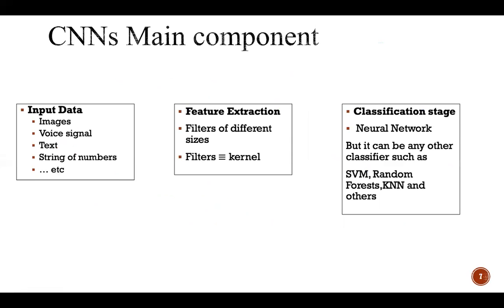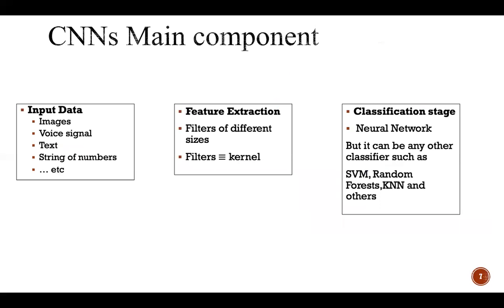So the main components of convolutional neural networks are input data, feature extraction, and classification stage. The input data can be an image, a voice, a text, a sequence of numbers, and so on. The main ingredient in the feature extraction stage is the filters, which can be in different sizes.